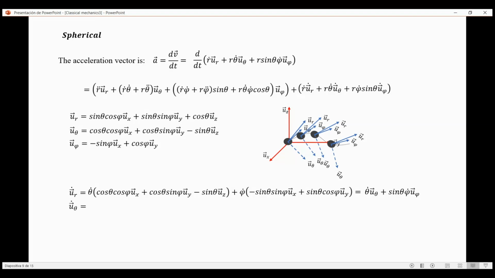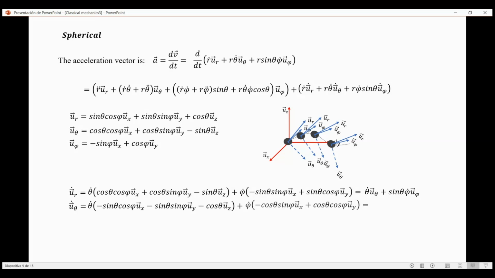Doing a completely analogous procedure, we derivate u sub theta. First, we start with the dependency in time of theta, so it is theta dot multiplying minus sine of theta, derivating in theta: minus sine of theta cosine of phi ux minus sine of theta sine of phi uy minus cosine of theta uz, derivating with theta.